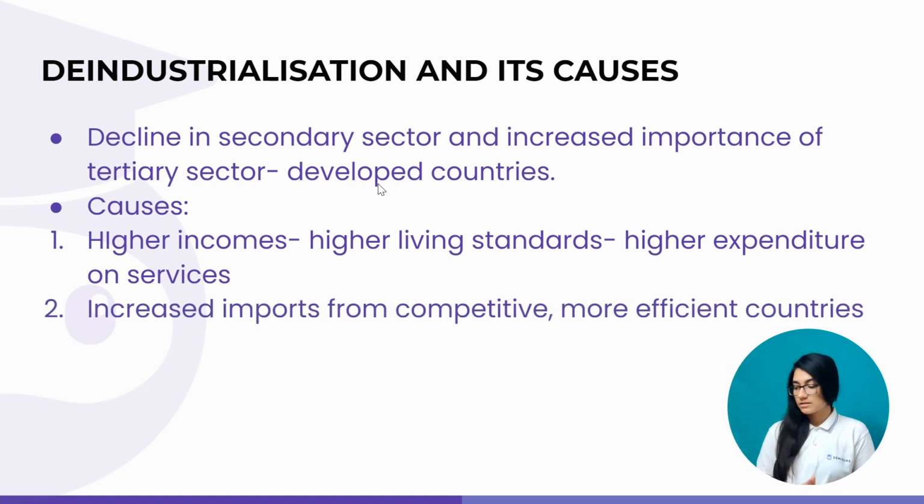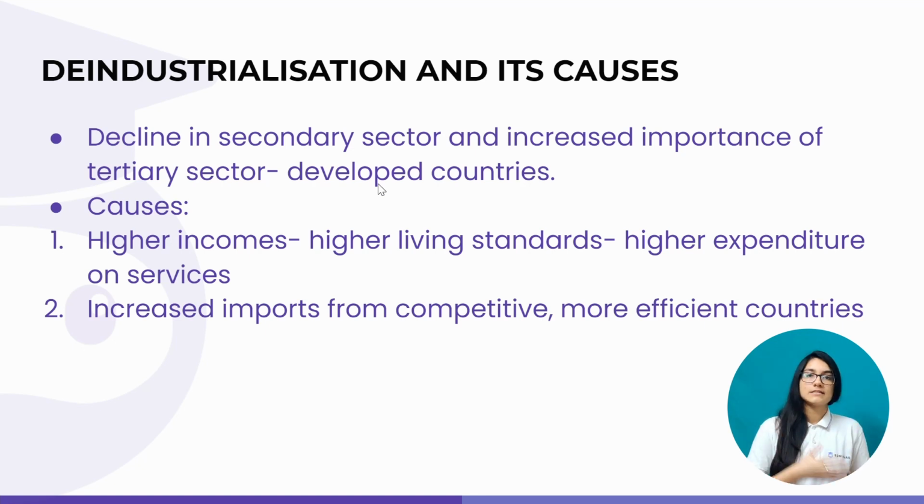And the second reason is that there are increased imports from competitive, more efficient countries. What this means is that as many countries industrialize, it might be a possibility that other countries are producing products at a much more competitive and efficient rate.